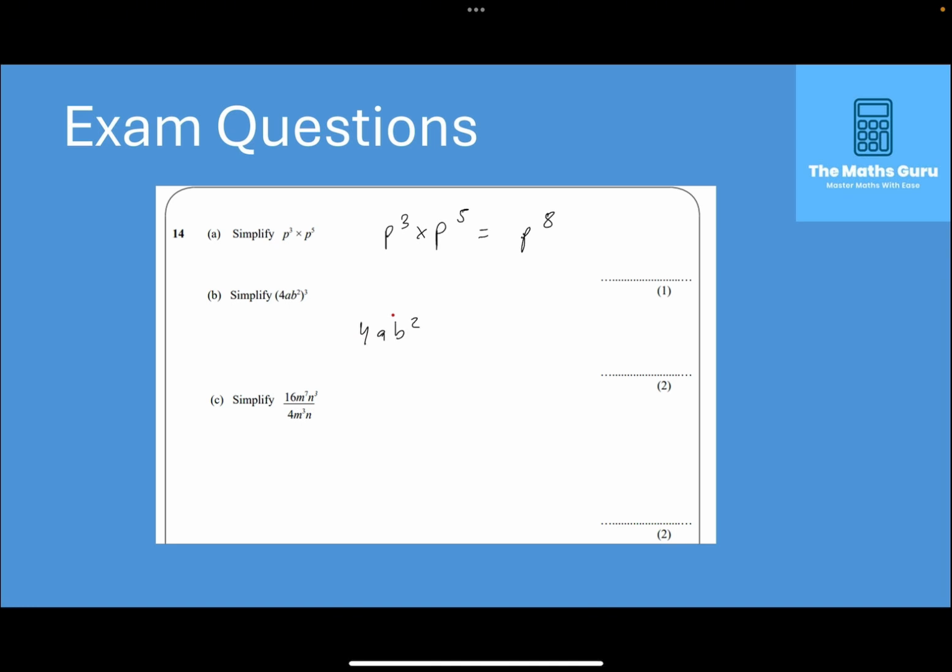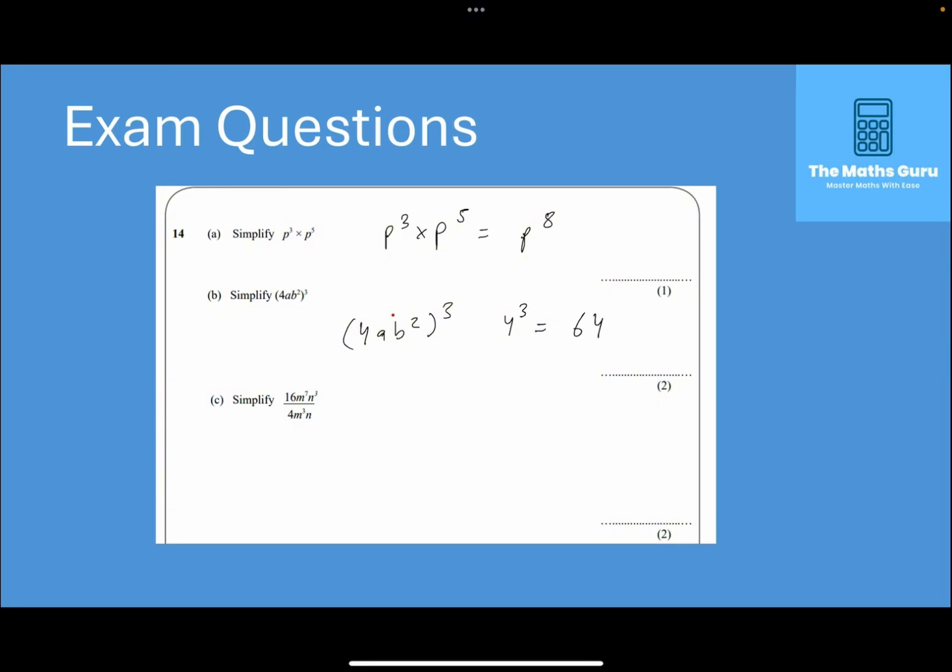4ab squared, all cubed. We want to do this as 4 cubed, which is equal to 64.